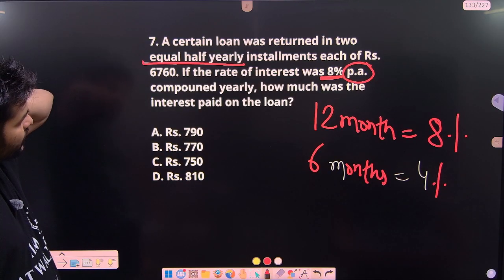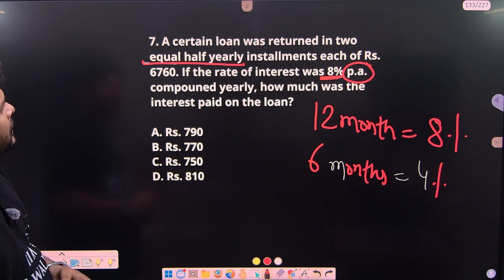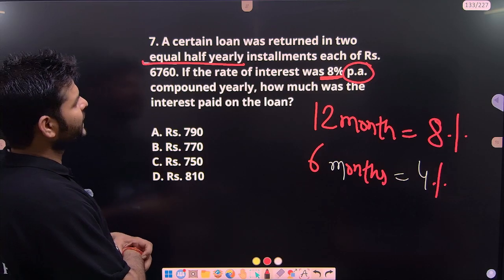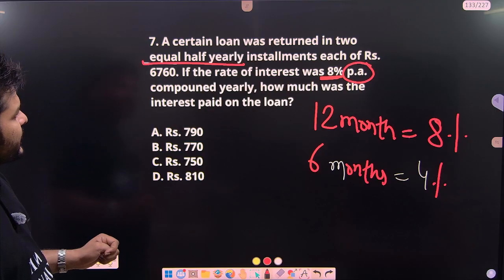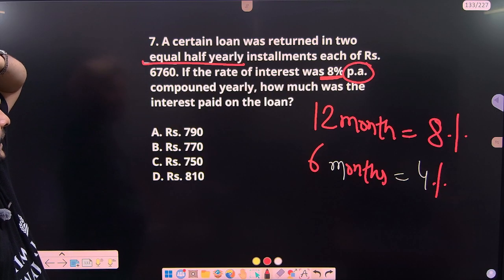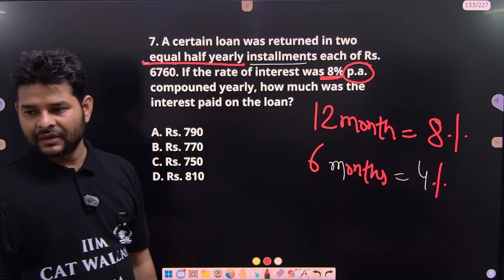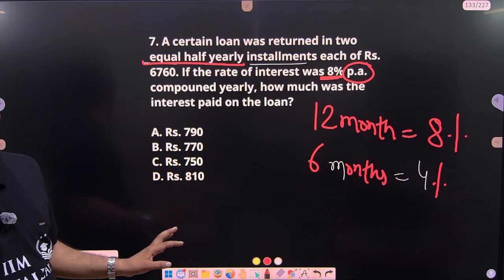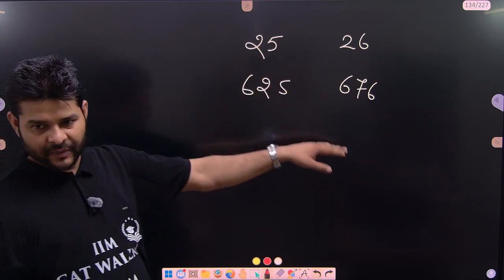Got it? So the certain loan was to be paid in 2 equal half yearly installments. Each installment, guys, all the installments are equal. So over here, first we need to make the installments equal.